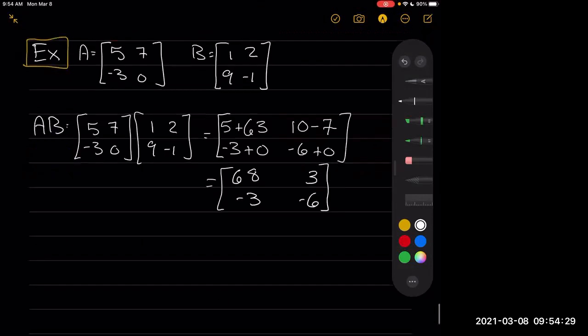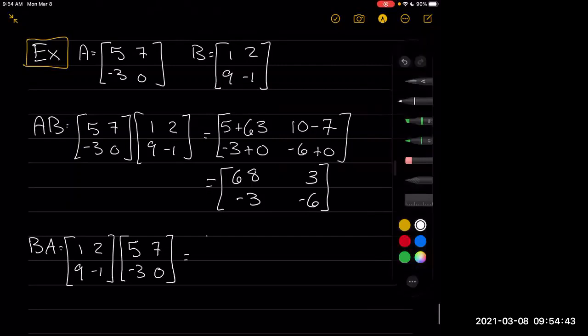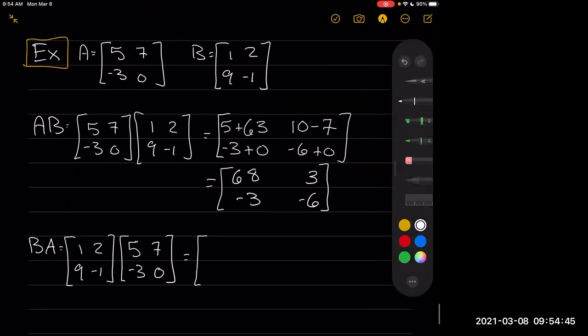And now we're going to look at B times A, which is [1, 2; 9, -1] times [5, 7; -3, 0]. And so now we have 1 times 5 plus 2 times negative 3 is 5 minus 6.